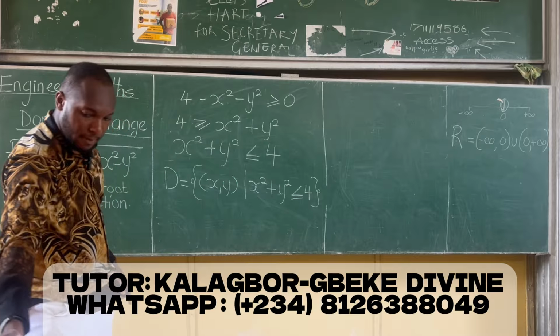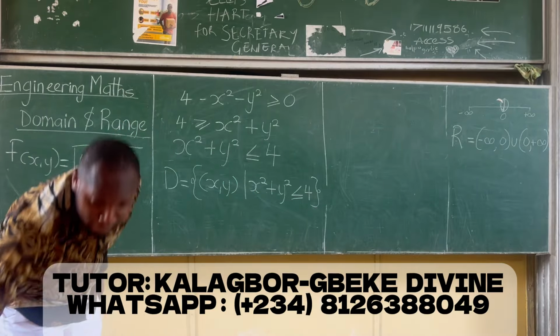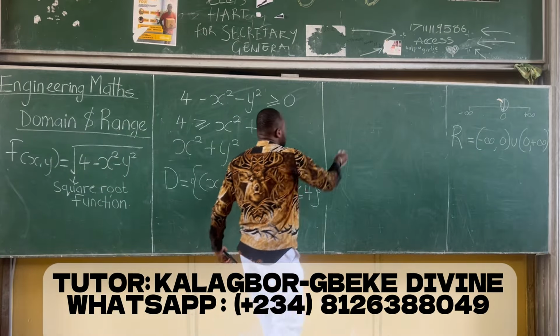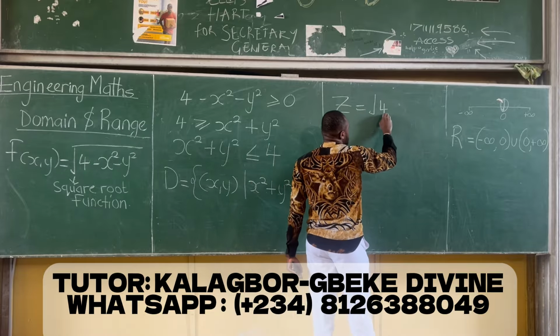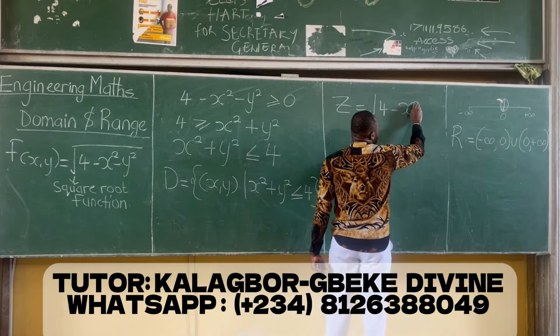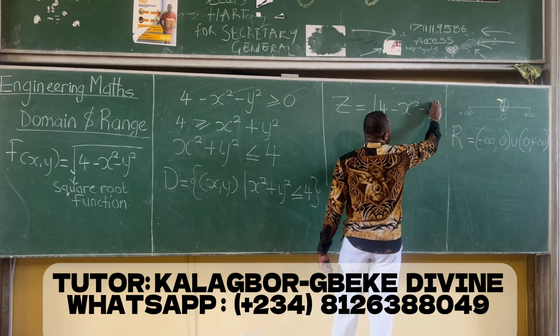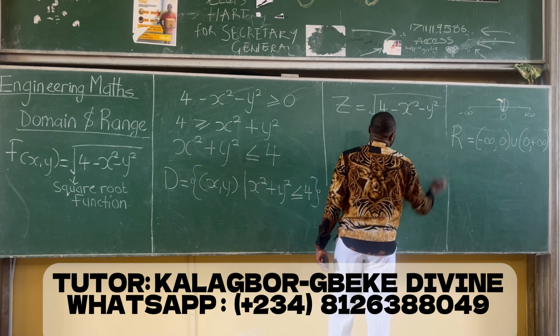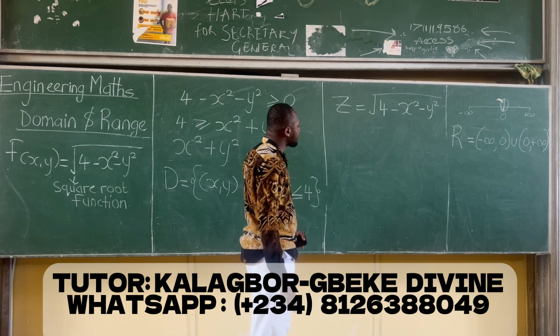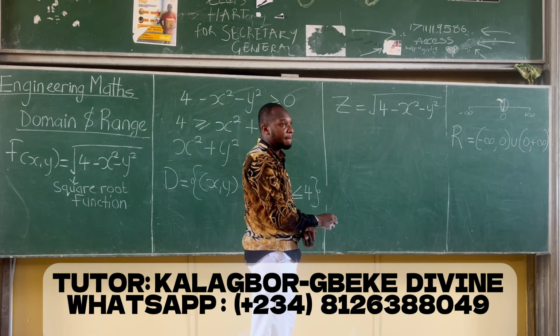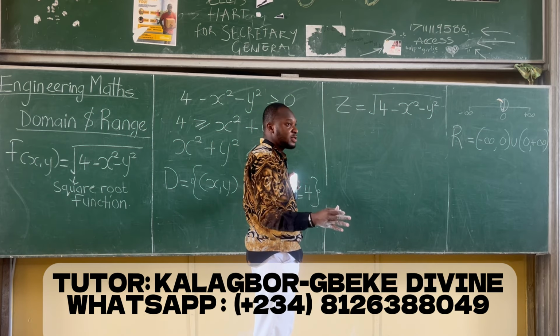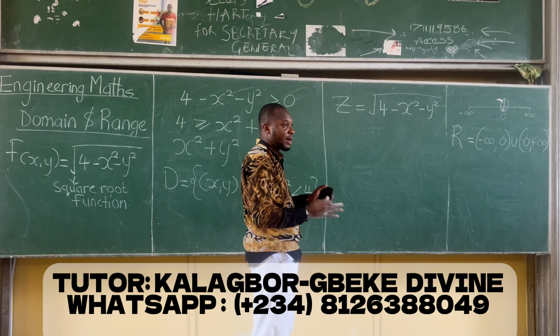this function, so now let's get the least value of z. Since you are looking at the range, we are talking about the values that we can accommodate.